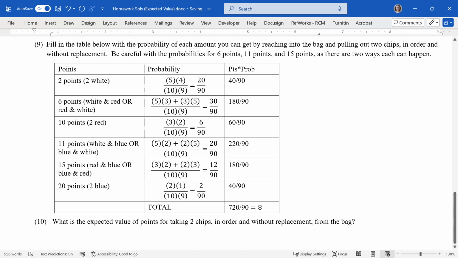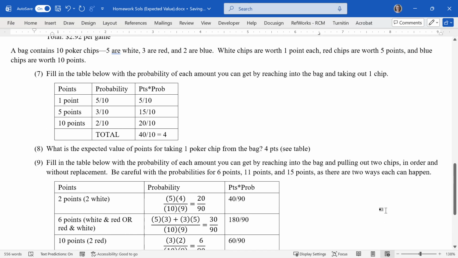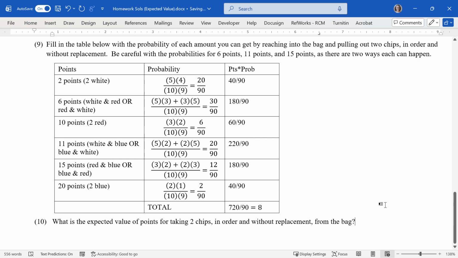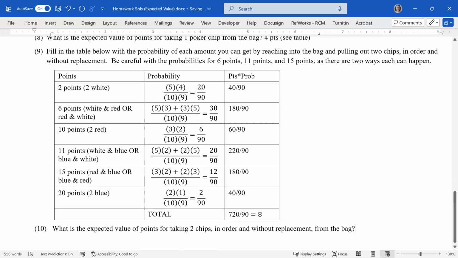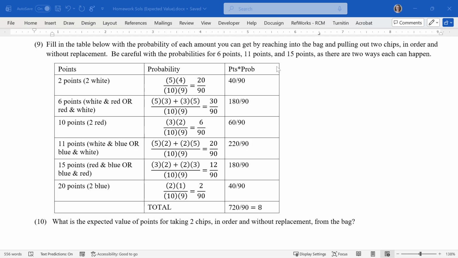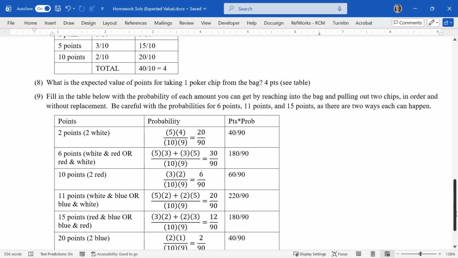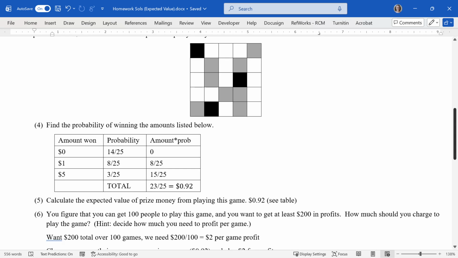So you can see here how, what's interesting about this is, like, how can I say this? It's not necessarily obvious that the expected value for the second chip that you take out of the bag is also 4, without knowing what the first chip was. If you don't know what the first chip was, then the expected value for the second chip is actually still 4. And that's kind of interesting.